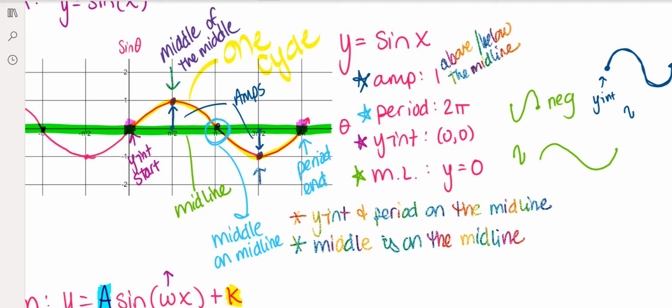I had never heard that until last year. Other classes just said, oh, it's the middle of the middle. So whatever makes sense to you, the amplitudes are always at the middle. And we also need to remember that they're above and below the midline, not the x-axis. Above and below the midline.